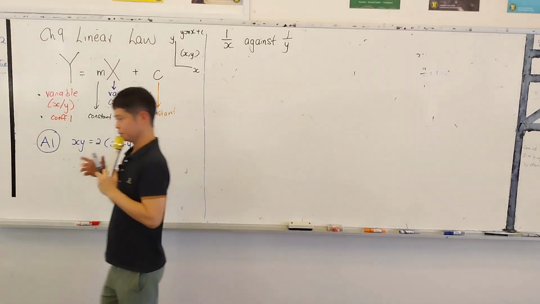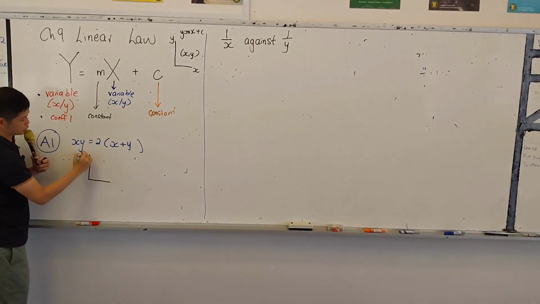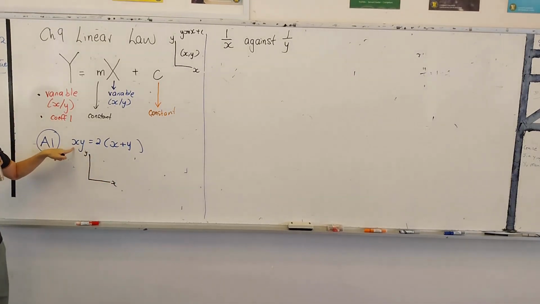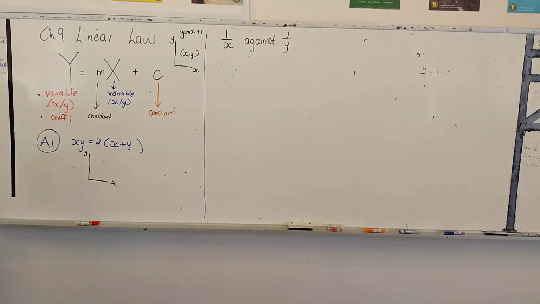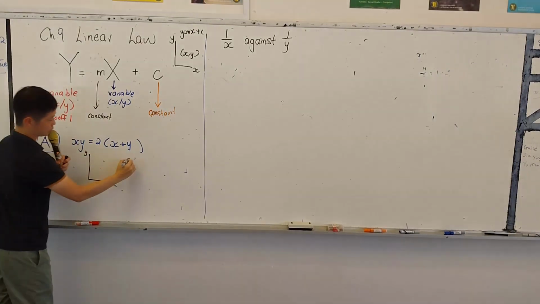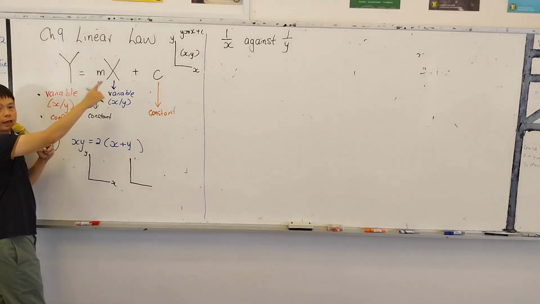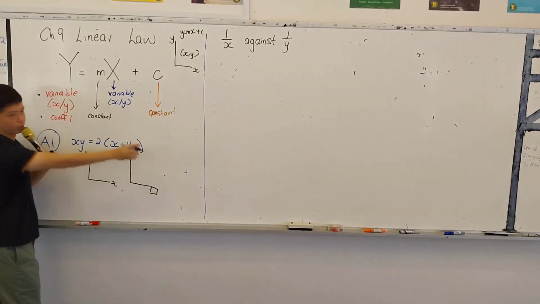So we have this question here. Now, if we plot this as normally y and x, that means we sub in x values, like x equals 1, x equals 2, x equals 3, x equals 4, and then we start to plot. It's not a straight line. So the challenge now is I need to put it into this form, because this is a straight line form, such that it becomes a straight line when I plot it.